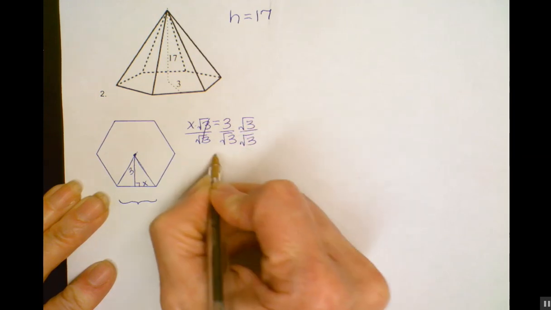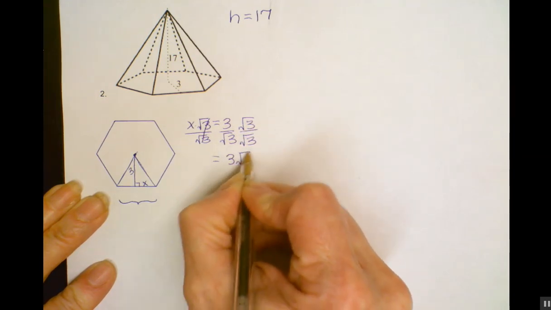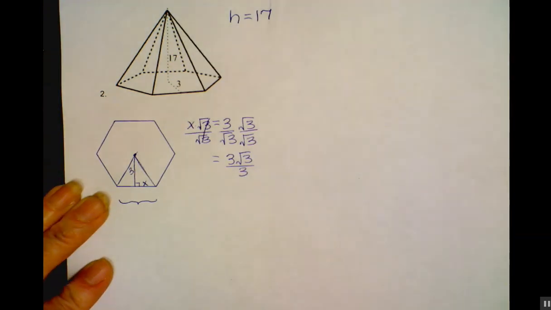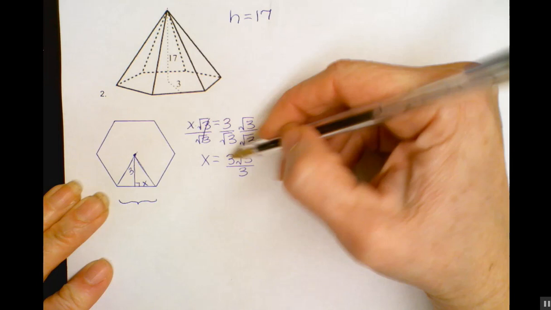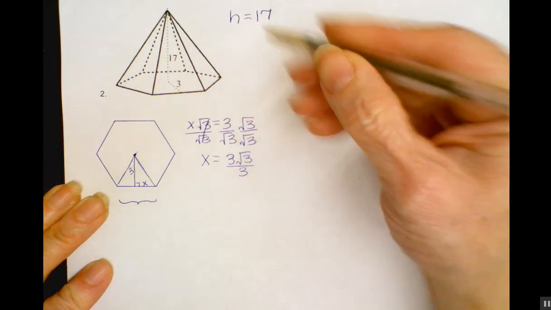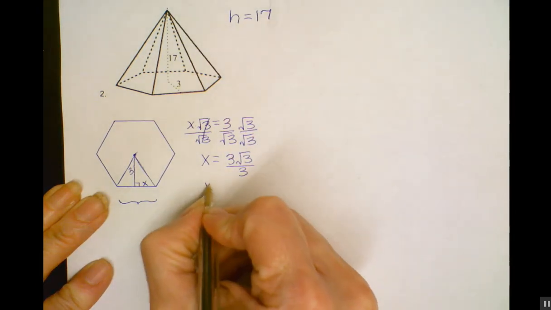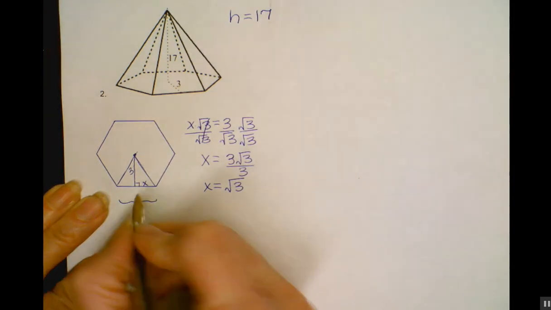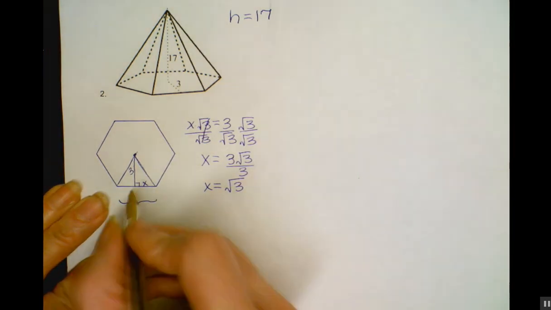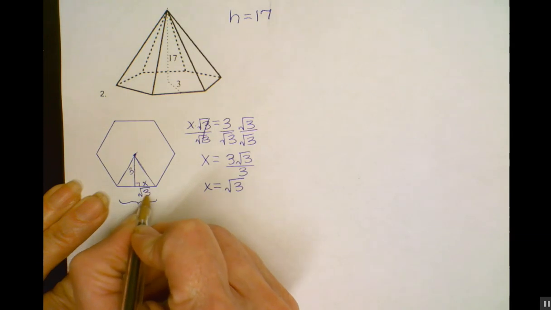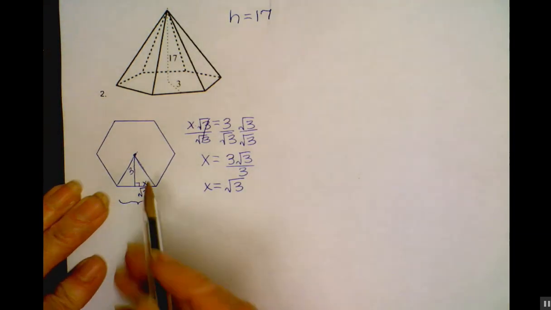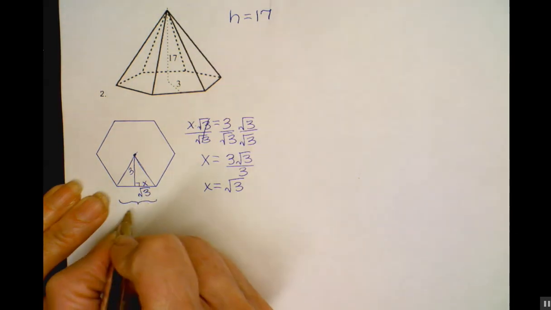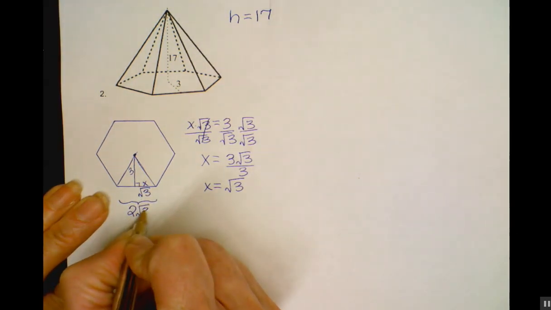You should be starting to recognize that this is a fairly repetitive process when it comes to hexagons. Now in this case, we have 2 whole number 3's. So when we take 3 divided by 3, that gives us a 1 square root 3. We don't typically write the 1. So the length of that short segment x is root 3. The length of the side is twice as long as that portion, so twice that length becomes 2 root 3.